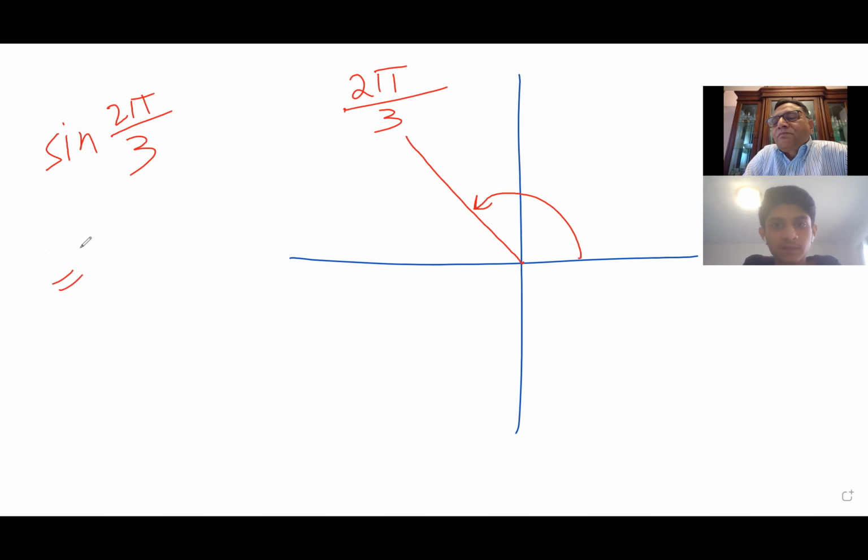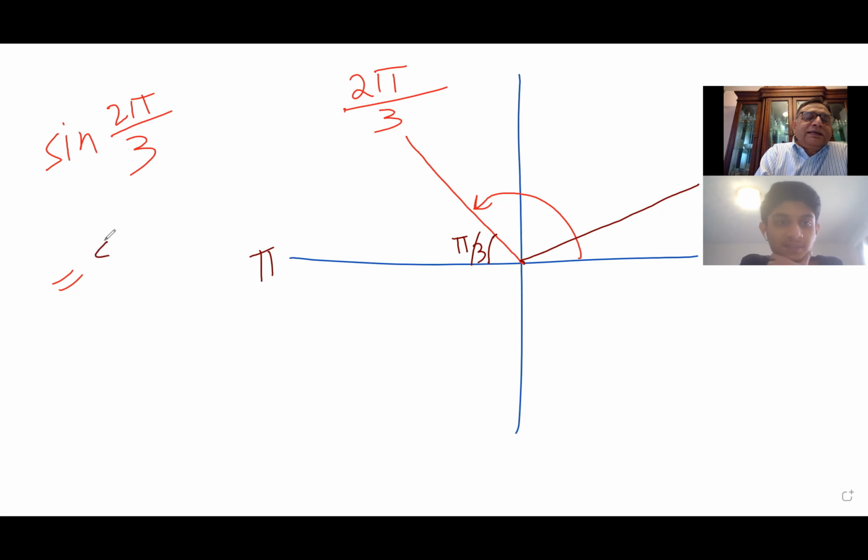Sine pi by 3. Yes, you're right, the related acute angle. So this is pi by 3, correct? So sine 2 pi by 3 is in the second quadrant, so this is positive. It is pi minus pi by 3. Is that okay?